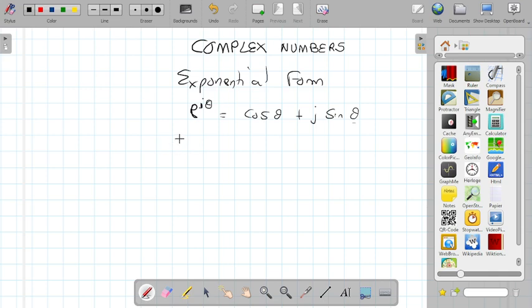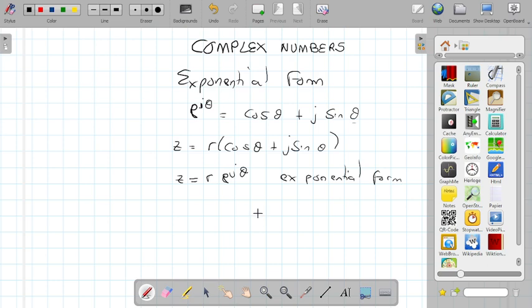Now from the polar form, we had that z is equal to r cosine of theta plus j sine of theta. Now what does this mean? This means that z is equal to r e to the power j theta. This is what is known as the exponential form of a complex number. Great. So this is what it simplifies to.